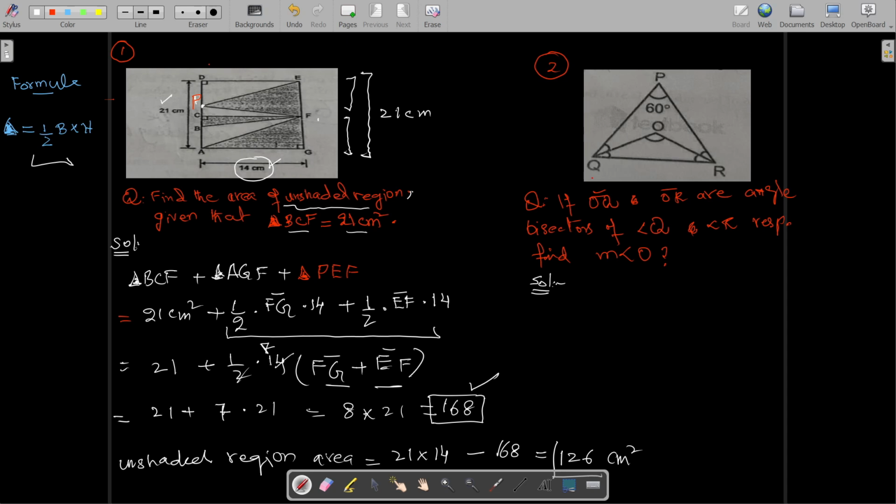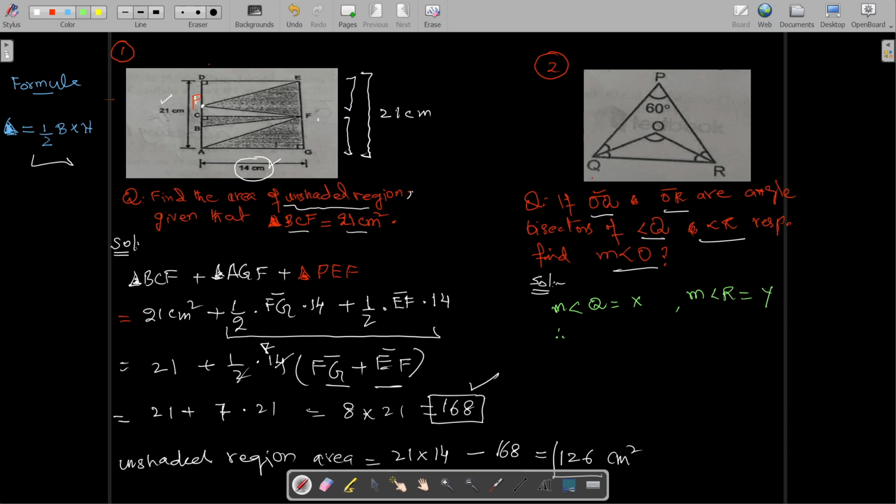Now let's look at the second question. We are given a triangle, and OQ and OR are the angle bisectors of angles Q and R respectively. Find the measure of angle O. Here we suppose that the measure of angle Q is x and the measure of angle R is y.